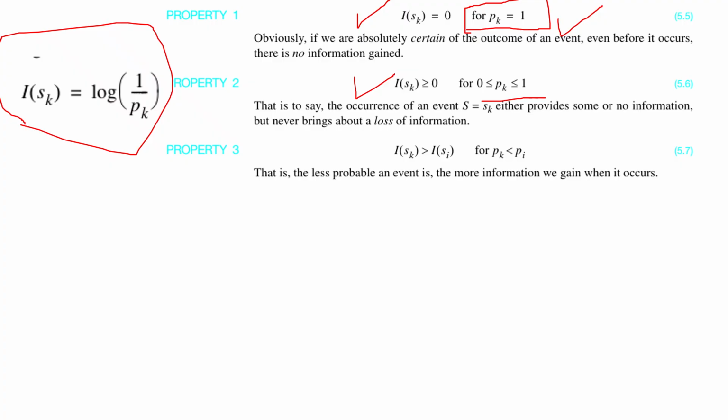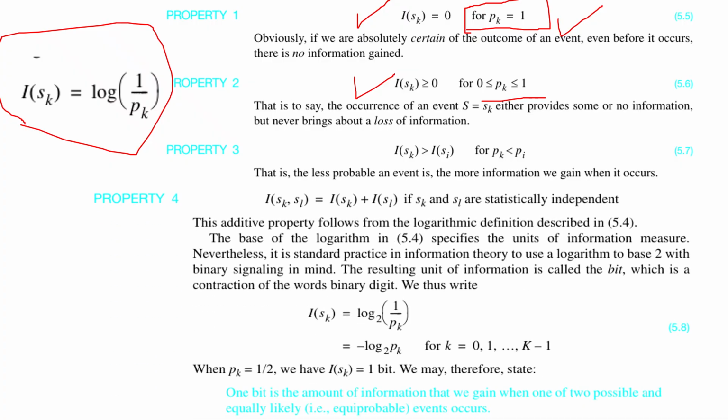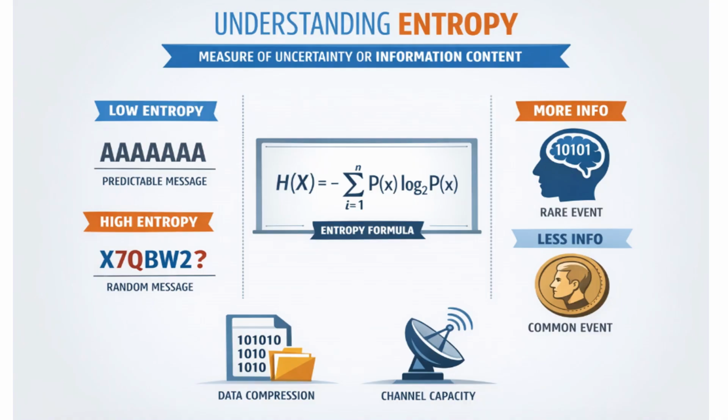These are the properties that you can remember. And a major thing is that for binary purposes you can calculate like this: your Ik will be log base 2 of 1 by pk. The base will be 2 only for binary events, right?